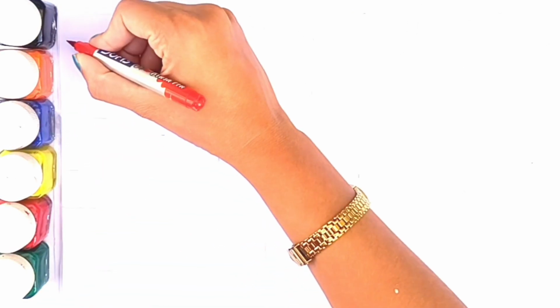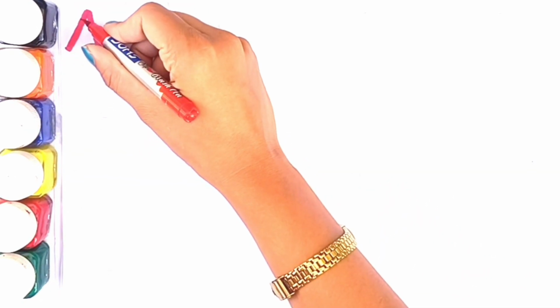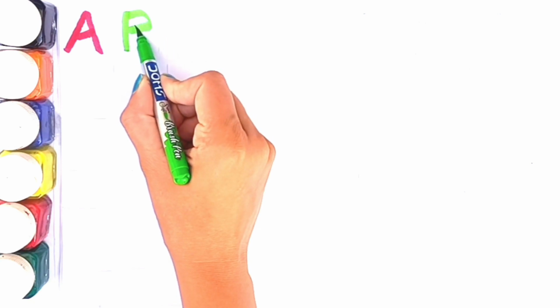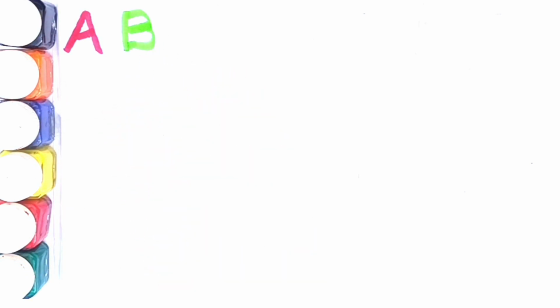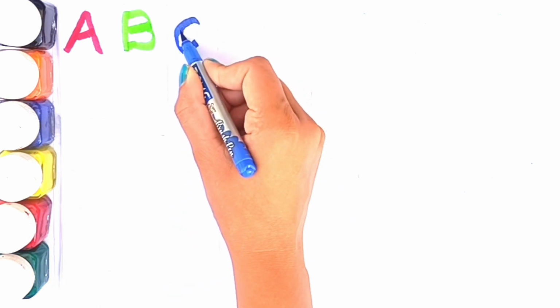This is red color. A for alligator, A for angel. Green, B for banana. C for crocodile.